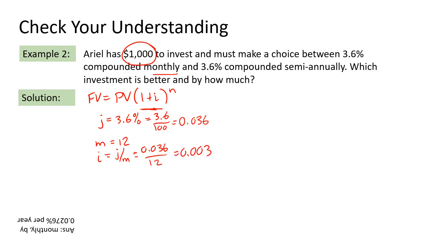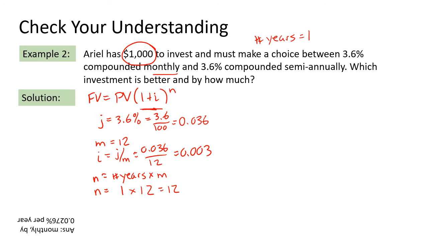Again, because in this question I didn't provide you a number of years, just assume that the number of years is equal to 1. So n is equal to the number of years multiplied by the number of compounding periods per year. In this case, 1 multiplied by 12, which gives you 12.